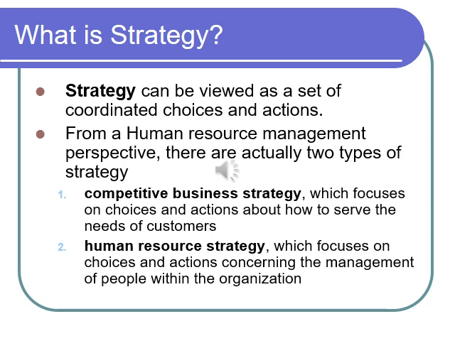The first one is the competitive business strategy, and the second one is the human resource strategy. So competitive business strategy focuses on choices and actions about how to serve the needs of customers, while a human resource strategy focuses on choices and actions concerning the management of people within the organization.